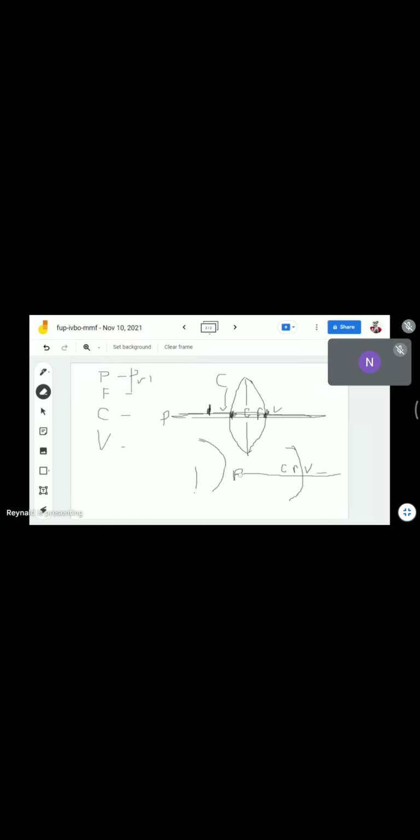Now, looking at the convex mirror, for example, this line is the principal axis. The vertex is here.